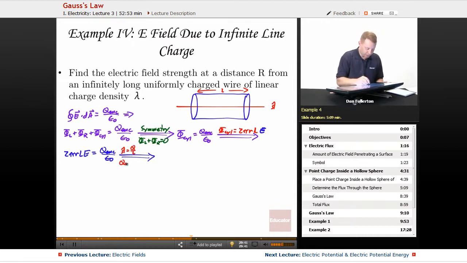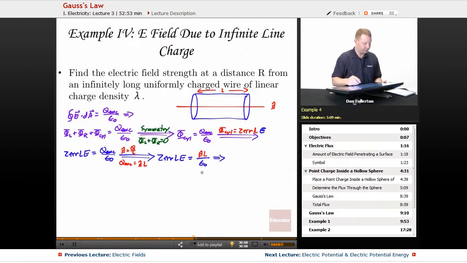So then our Q enclosed, the amount of charge enclosed by our cylinder, is just going to be the linear charge density times this length, L. So then we have on the left-hand side 2 pi r L times our electric field equals Q enclosed on the right, lambda L divided by epsilon naught.